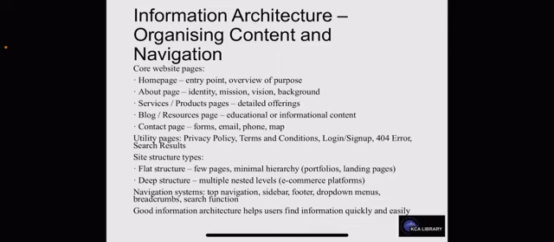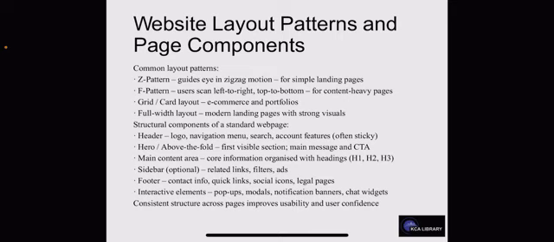An example is e-commerce platforms. So, navigation systems: we have top navigation, sidebar, footer, and drop down menus. Good information architecture helps users find information quickly and easily. It brings about simplicity in the website.